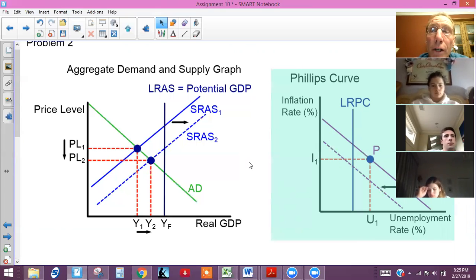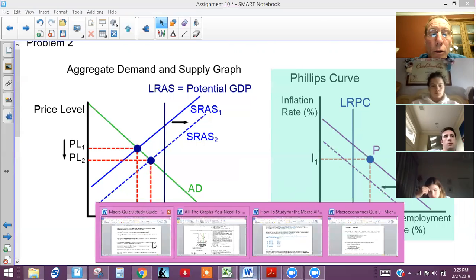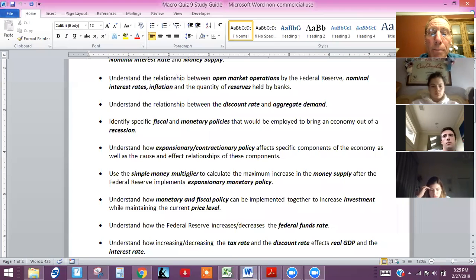So expansionary fiscal policy is either going to be increased government spending or decreased taxes.